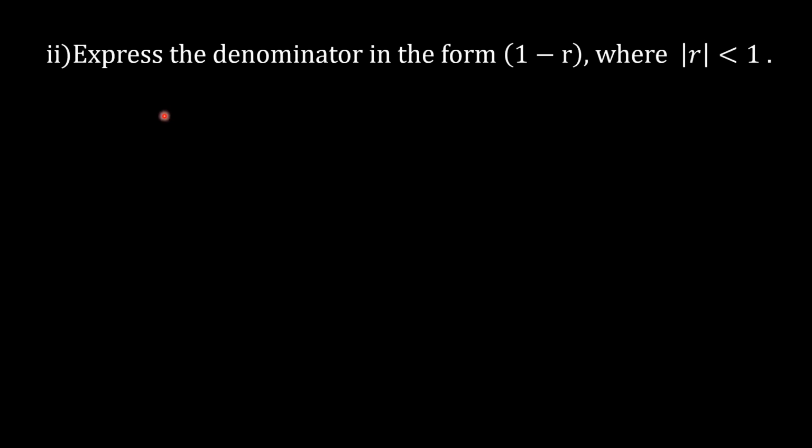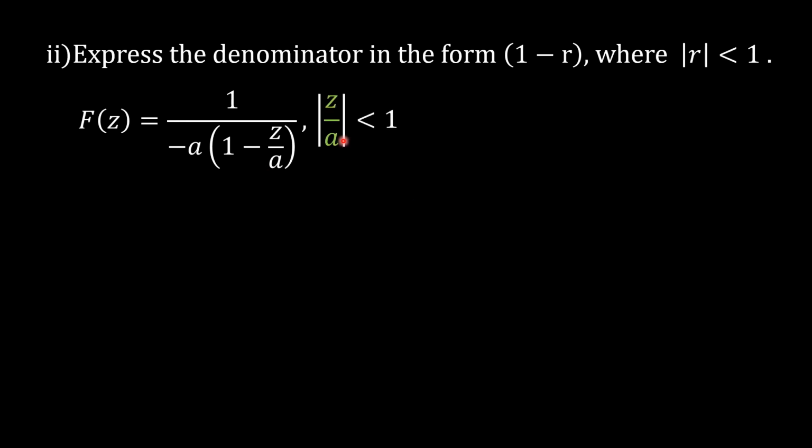In the second step, we will express the denominator of F of z in the form 1 minus r, where r is the common ratio and it is such that mod of r is strictly less than 1. In the first example, to express the denominator in the 1 minus r form, we need to take minus 1 common so that F of z is 1 upon minus a into 1 minus z upon a, where mod of z upon a is strictly less than 1.